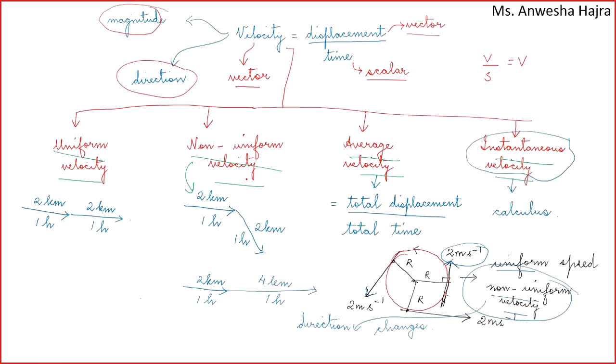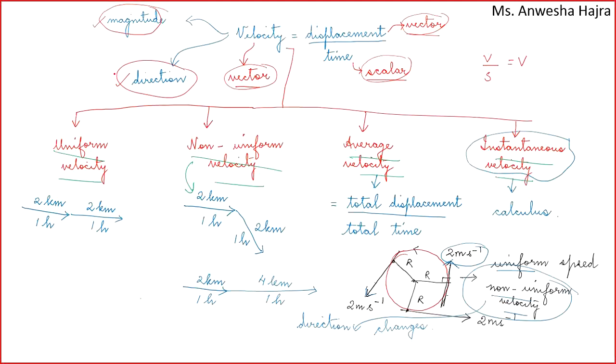Now, velocity was displacement by time. Displacement is a vector quantity, time is a scalar quantity. So, vector by scalar was a vector quantity. So, in velocity we have to consider two things: magnitude as well as direction.